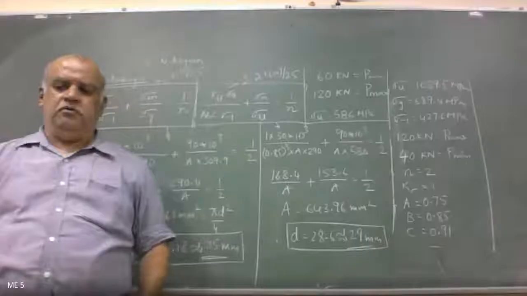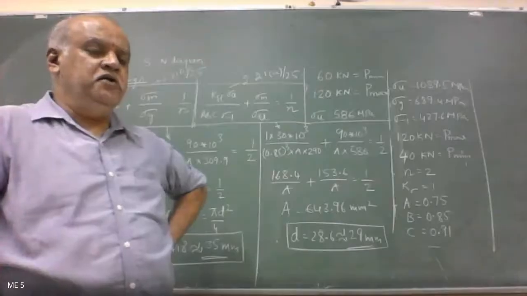A steel rod with sigma u equal to 1089.5 megapascal, sigma y equal to 689.4 megapascal, and endurance strength equal to 427.6 megapascal, don't read it as sigma -1, is subjected to tensile load which varies from 120 kilonewton to 40 kilonewton.